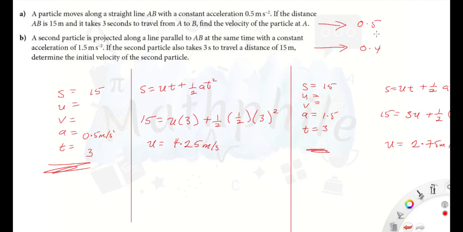This is because for the one that has the most acceleration, the initial velocity will be less. Then for the one with 0.4, which is the smaller acceleration, the initial velocity will be more than the first one. Why so?